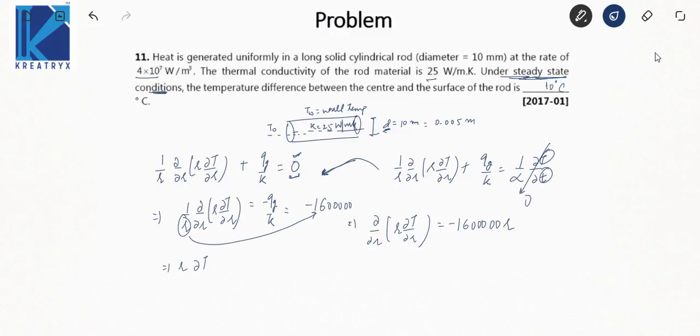R del T by del R is equal to R square by 2 plus C1.